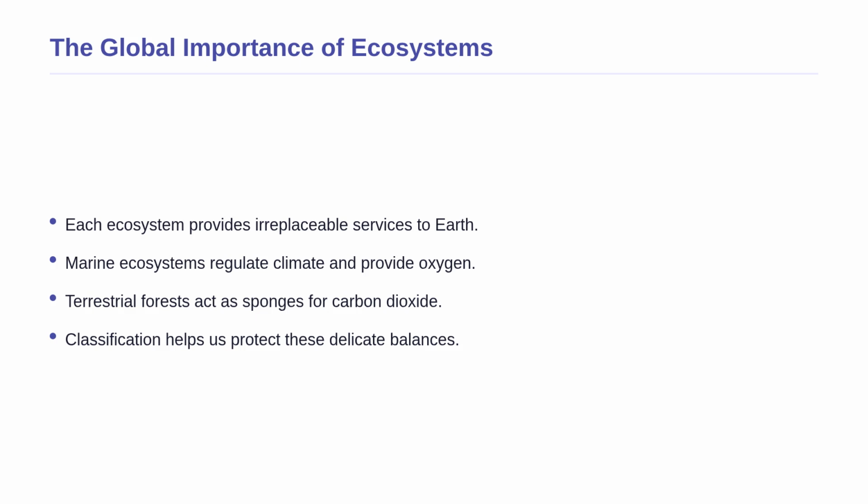Meanwhile, terrestrial ecosystems, like forests, act as giant sponges that absorb carbon dioxide, helping to keep global warming in check. If we did not classify and study these ecosystems separately, we would not know how to protect them, or understand how destroying a coral reef could trigger a chain reaction, harming human survival.